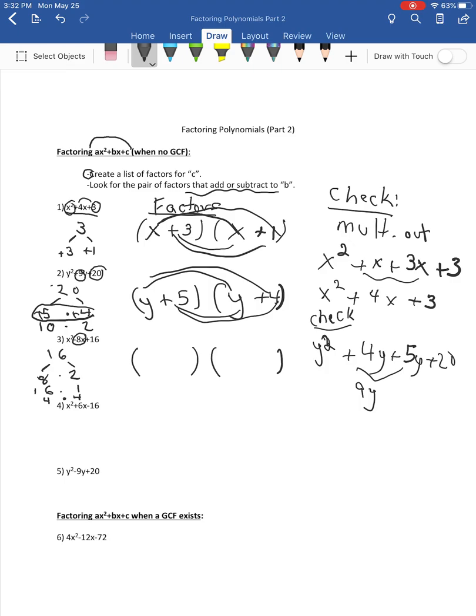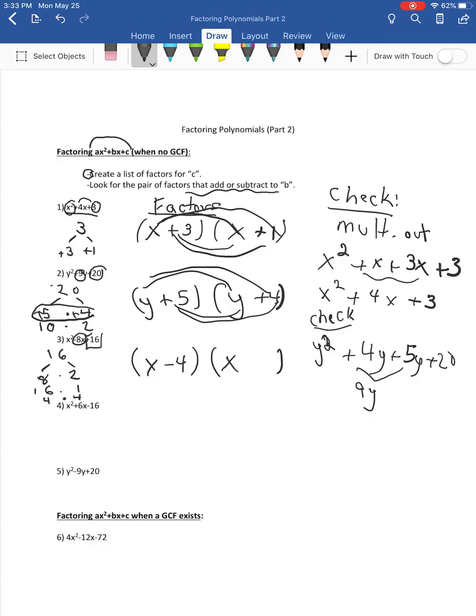So we have the leading coefficient, an x squared, so we need an x in front. Now, how do we make them combine to negative 8 and multiply to positive 16? What do the signs have to be? Well, in order to get them to add to negative 8, they both have to be negative, because negative 4 and negative 4 combine to negative 8. And then negative 4 times negative 4 gives us that positive 16 in the end.